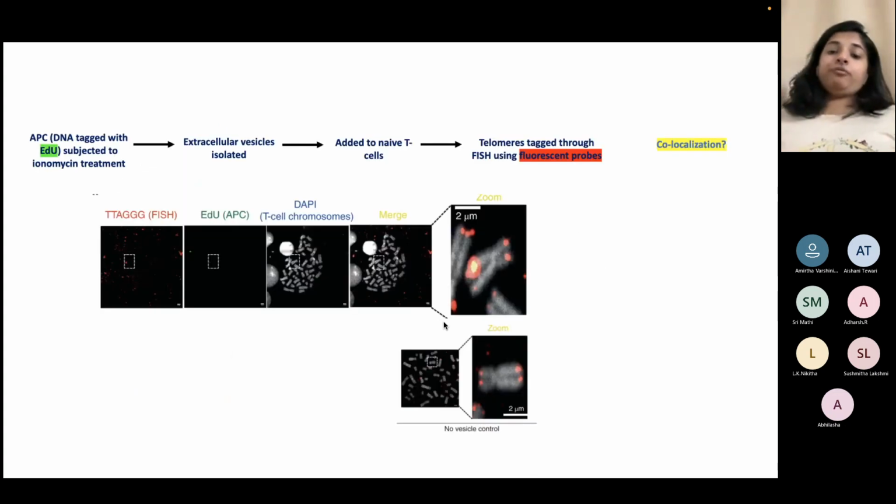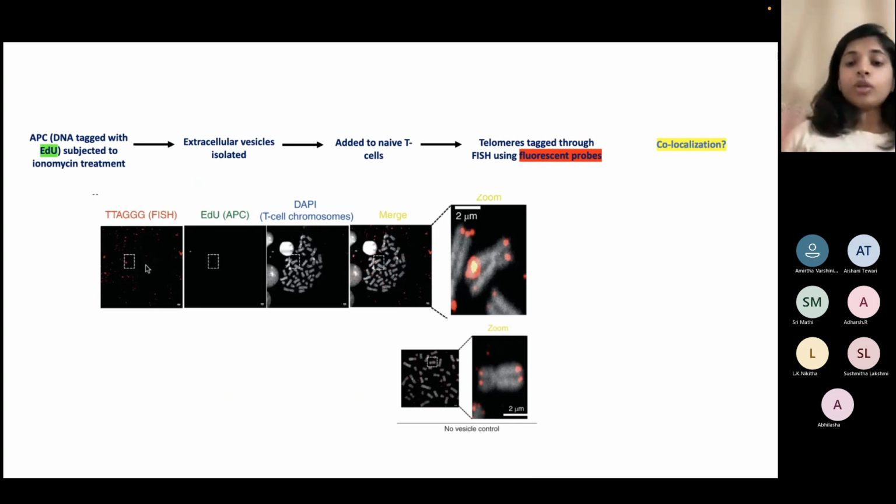And this was very beautifully visualized in this image. If you observe the APCs, the antigen presenting cells, here they are tagged with EdU, which is labeled green in color. The vesicles were isolated and added to the T cells, and then telomeres in the T cells were tagged using FISH, fluorescence in situ hybridization, which tags nucleic acid regions within the cell.